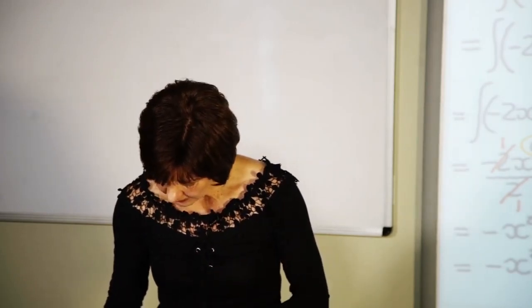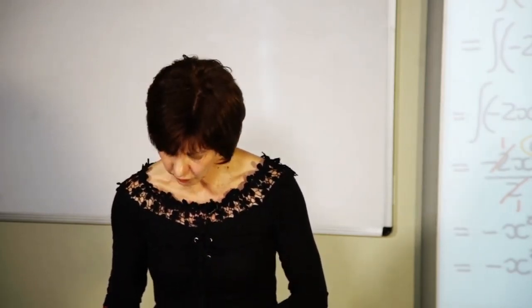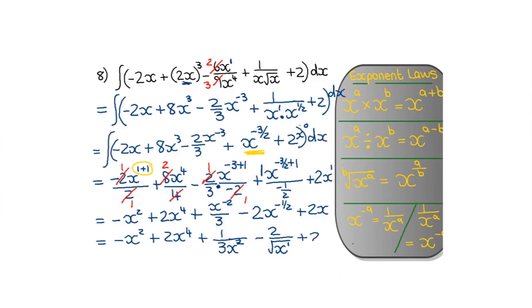Then remember, I can still write it in surd form because there's actually a 1 and a 2 outside, plus the 2x. And I actually forgot something. I forgot to say next to all of these terms plus a constant. So my final answer will have here plus a constant. Okay, and all those terms are integrated.